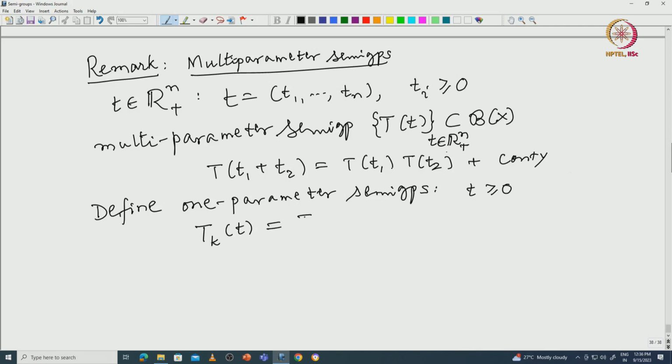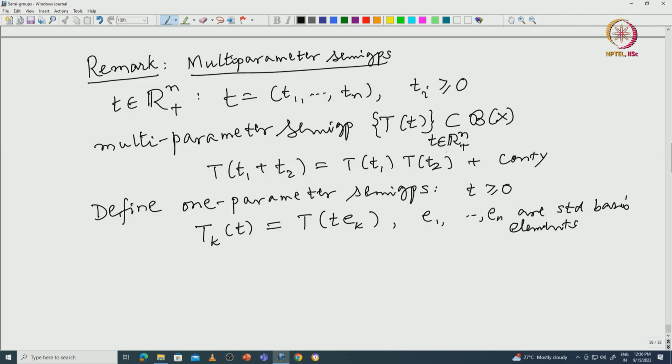So given a multi-parameter semigroup, I can define T(t e_k), where e1, e2, ..., en are the standard basis. Okay. So you can verify that if T is a multi-parameter semigroup, then each T_k(t) is a one parameter semigroup.